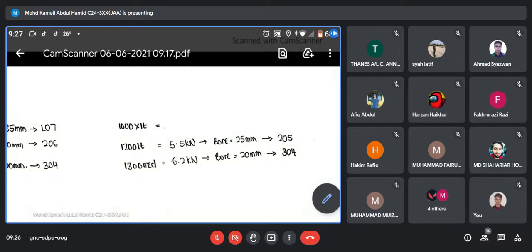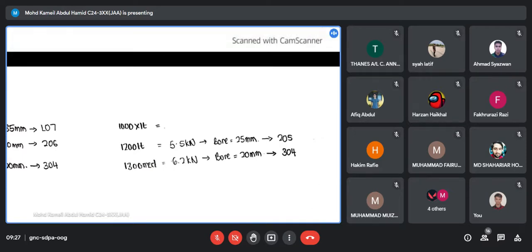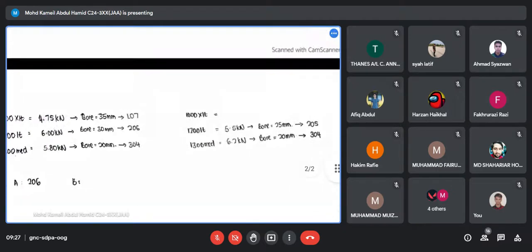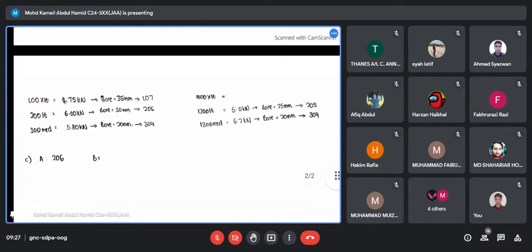Okay. So untuk roller bearing for L series, 1000 extra light tu is supposed to be LO8. Okay, so LO8 with bore size of 40 mm. That is for B. C26.